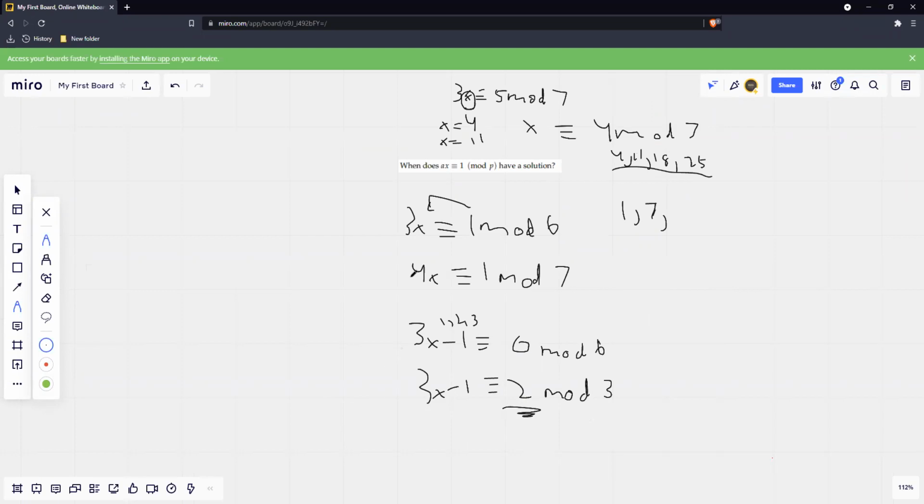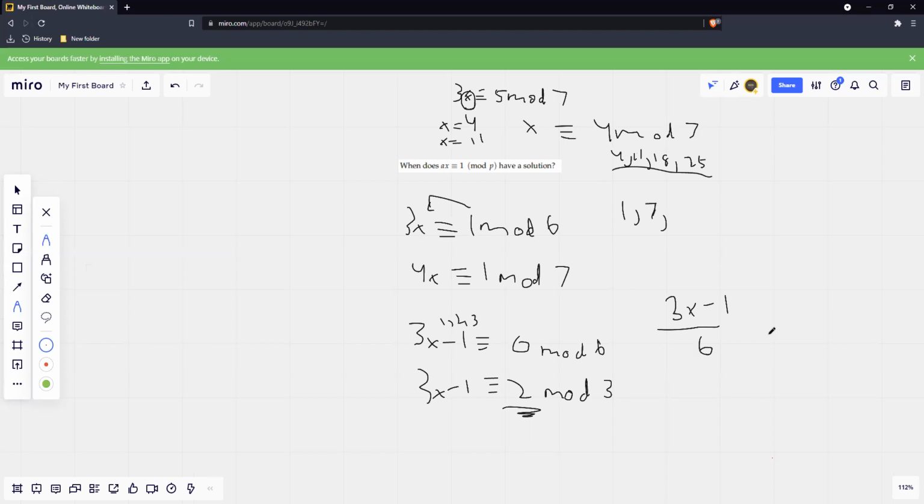Since 3 is a factor of 6, and we are basically saying one less than a multiple of 3, the remainder of this is going to be 0. But can you find any numbers that actually satisfy this?